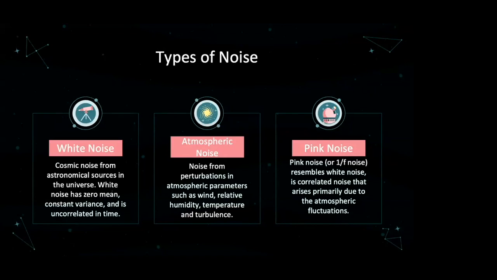We have white noise, which comes from astronomical sources. And we have atmospheric noise, which is basically our pink noise in this case, which has to do with perturbations in the atmosphere and changes in temperature. Changes in water are also very important, especially when you're observing in millimeter or very long wavelengths.